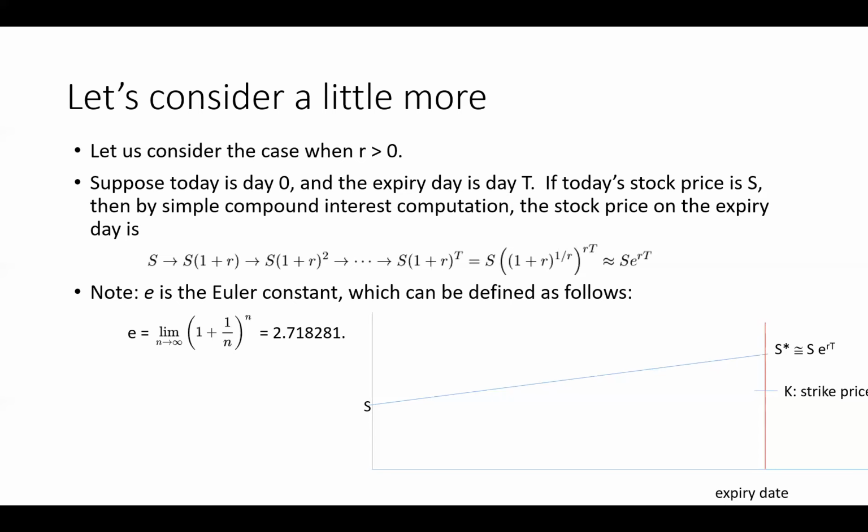So this is the formula. If S is distributed to E, it will cancel out, giving S minus K E minus RT.